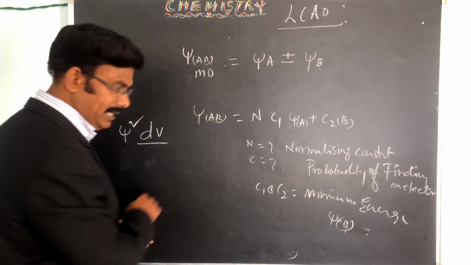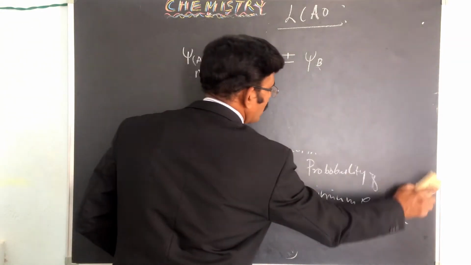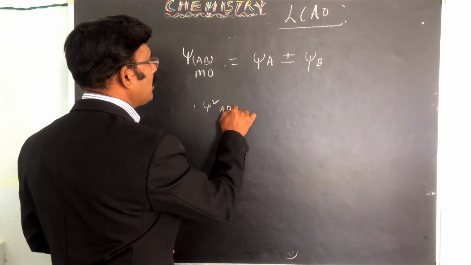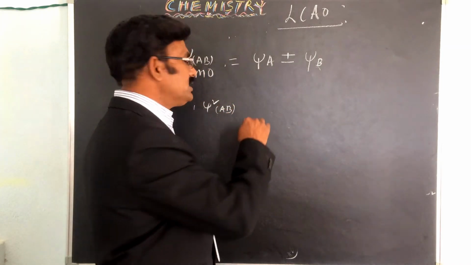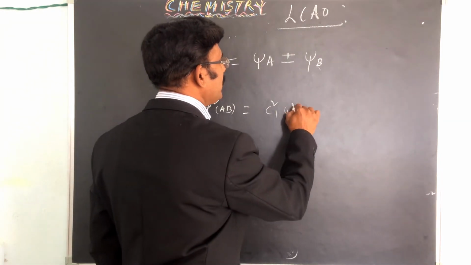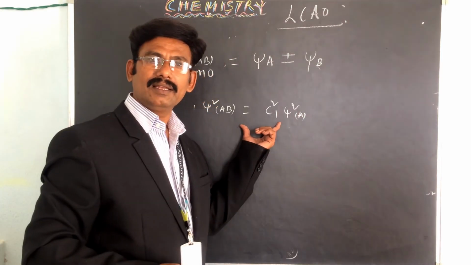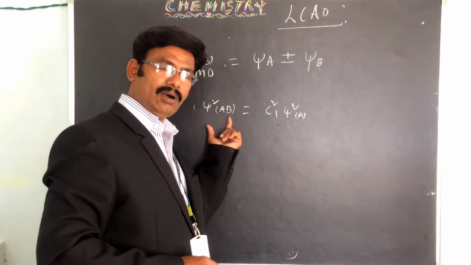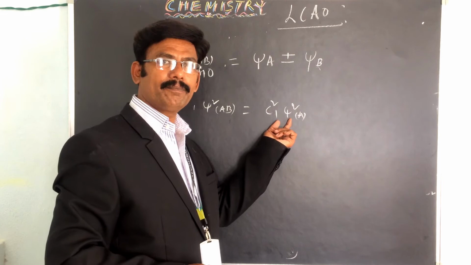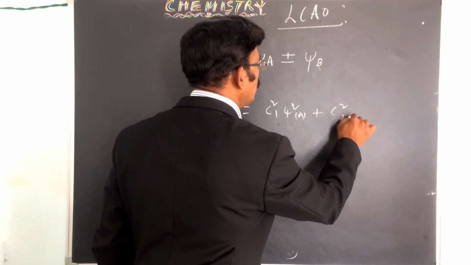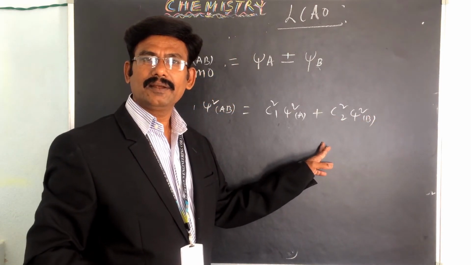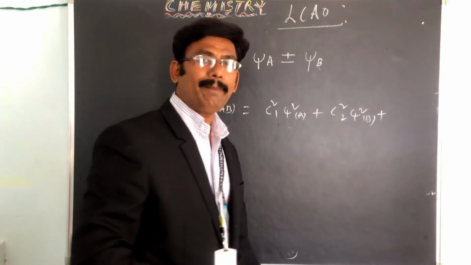Psi square AB, the molecular orbital, is equal to C1 square psi square A plus C2 square psi square B plus (A plus B) whole square.